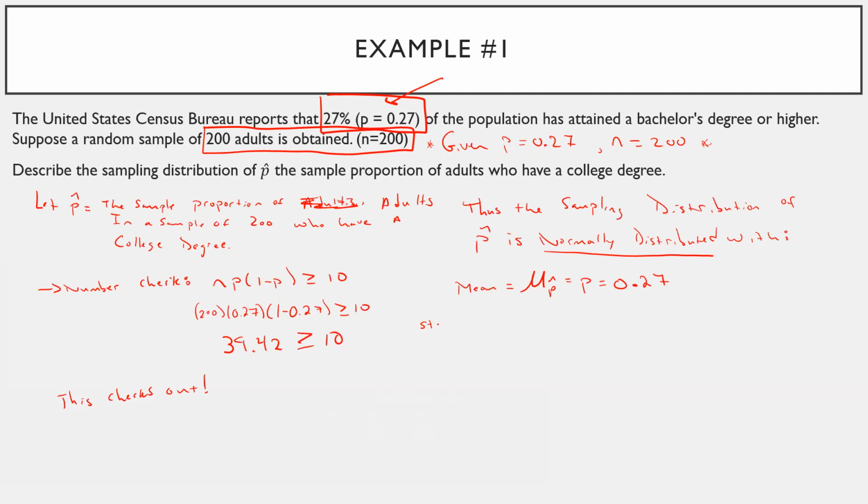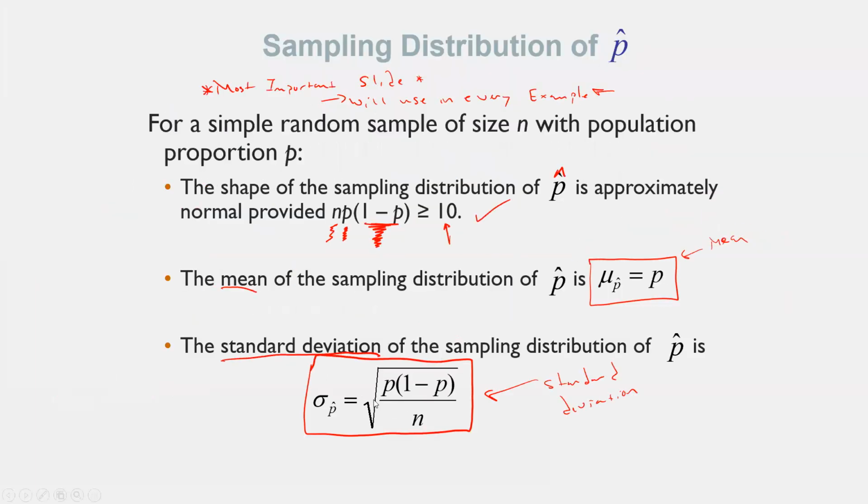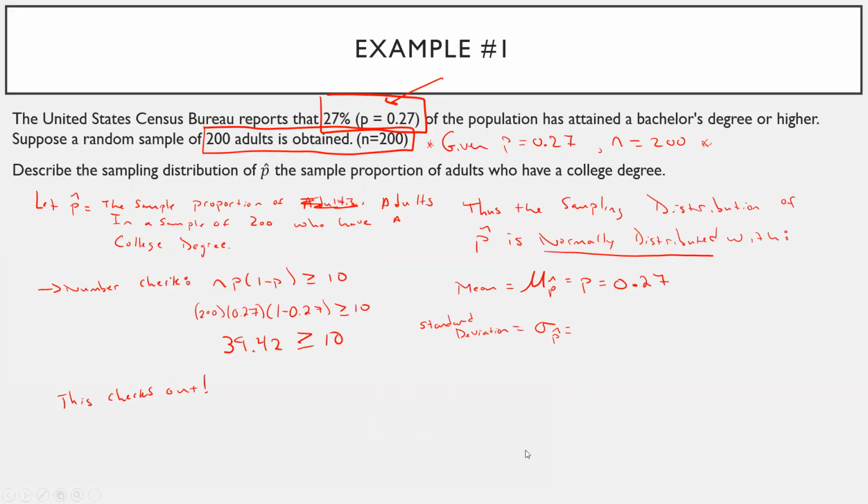And the standard deviation, which is sigma p hat, we just have to use this crazy formula here: the square root of p times 1 minus p divided by n. Which is the square root of 0.27 times 1 minus 0.27 all over the 200 people we called.